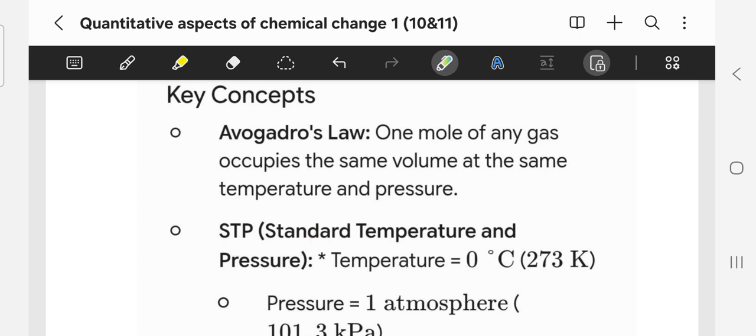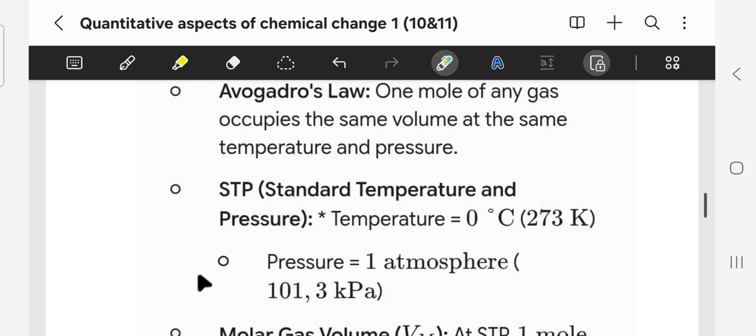What is that temperature? It has to be equal to 0 degrees Celsius, or 273 kelvins. Then the pressure would have to be 1 atmosphere, or 101.3 kilopascals. So that volume will be the same under these conditions.